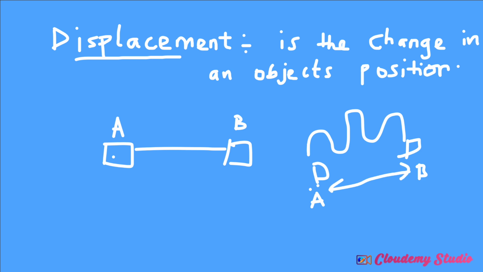This straight line here is the displacement, the shortest distance between 2 points. So it usually has a particular direction.